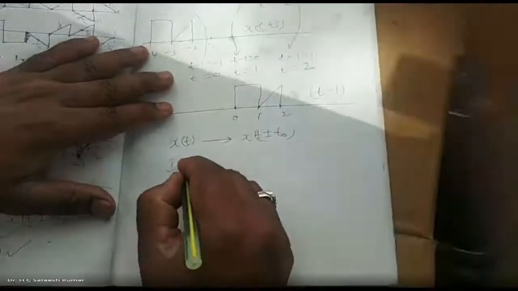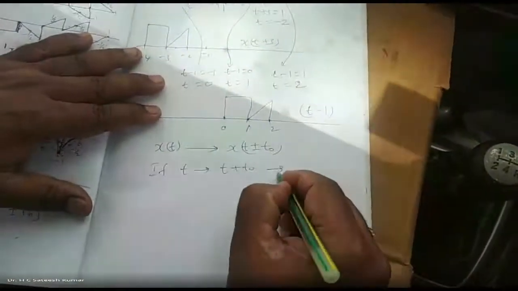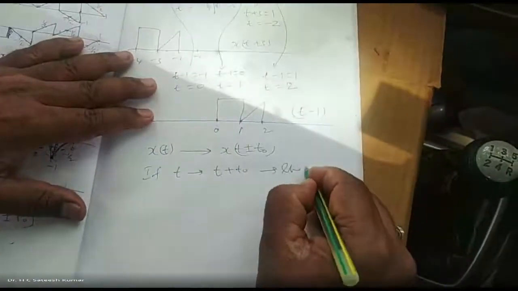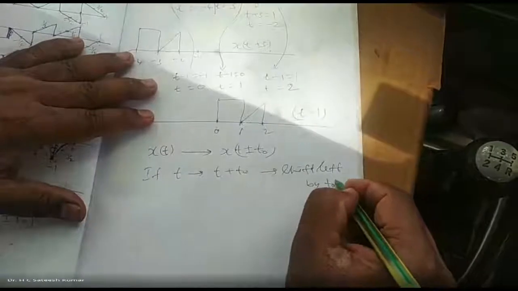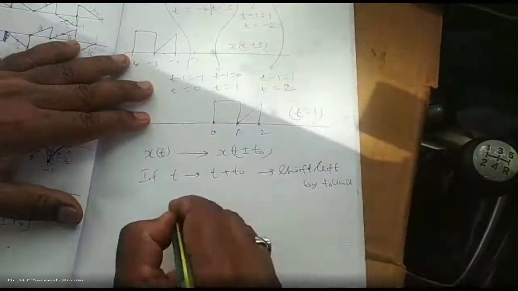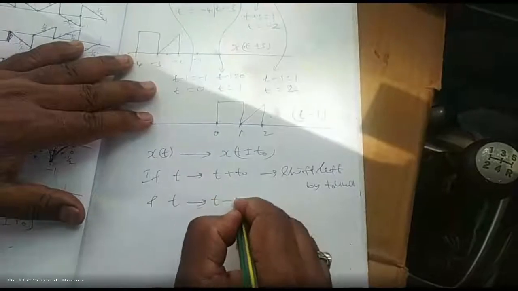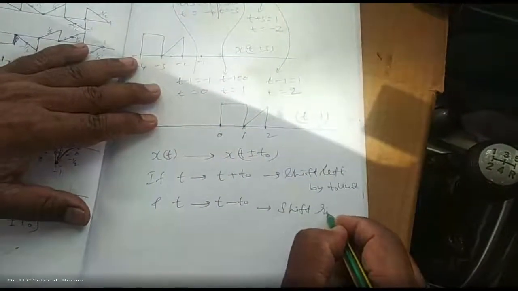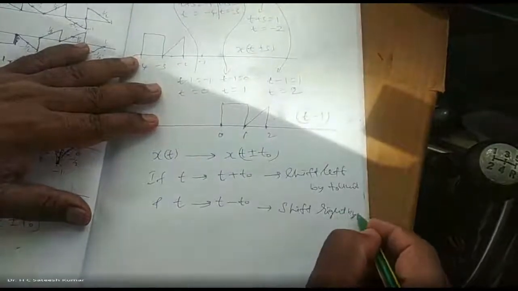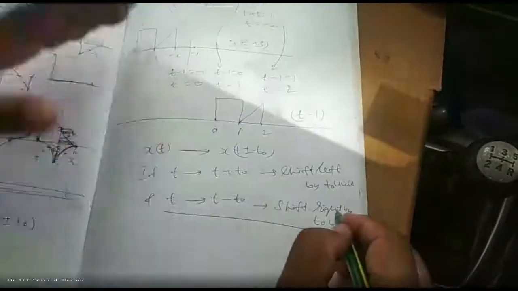If t is replaced by t plus T naught, shift left by T naught units. And if t is replaced by t minus T naught, shift right by T naught units. Okay, that's what it is happening.